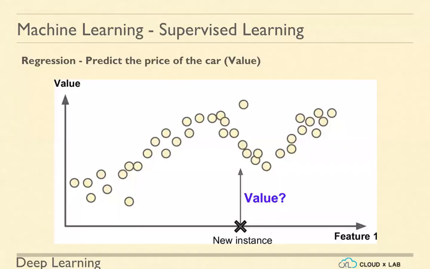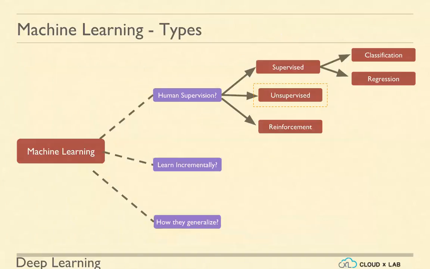The other part is unsupervised learning. Supervised learning is the one in which we have the training data available, and we know clearly that this data is labeled like this, or for this data the outcome is this.